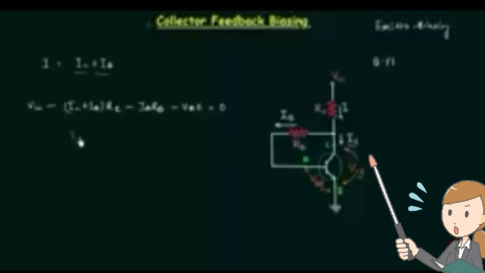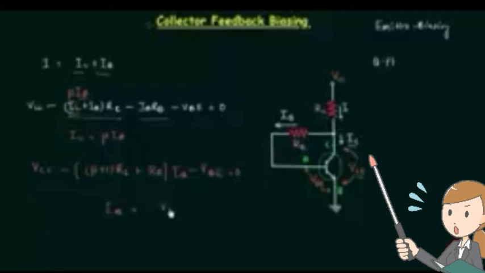We already know the collector current IC is equal to beta times IB. So we can write collector current IC equal to beta times IB. I will take IB common from this term and this term. So let's see what we have: VCC minus, inside the bracket, (beta plus 1) times RC plus RB, multiplied with IB, minus VBE equal to 0.